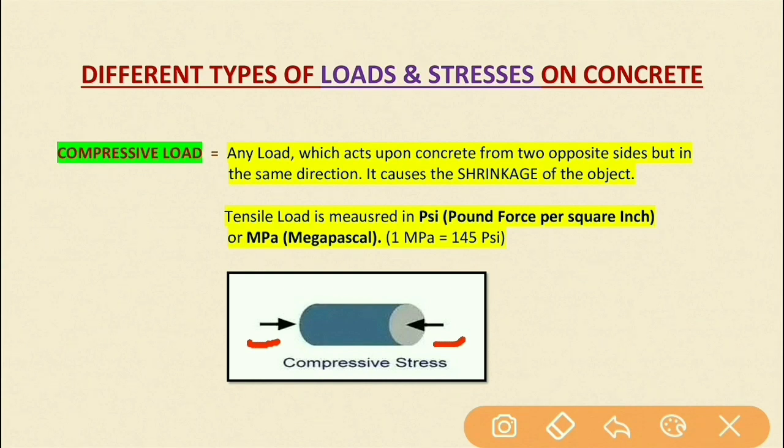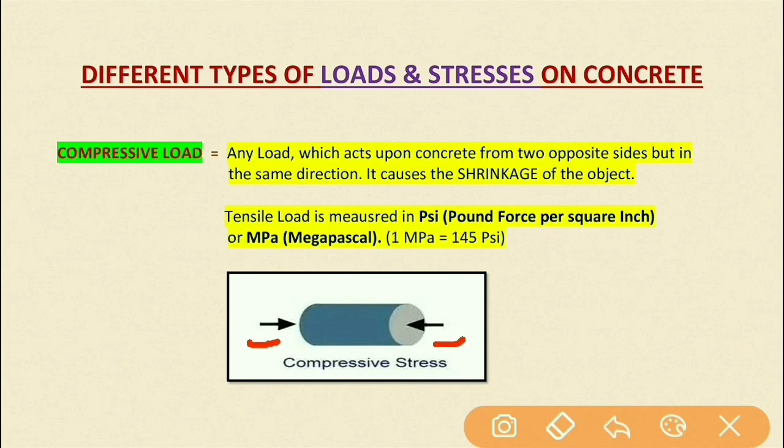So we create compressive stress and compressive load on the floor. That's why we can see deformation in the floor if the floor is not very good. So this load is measured, and the floor is prepared according to its bearing capacity.